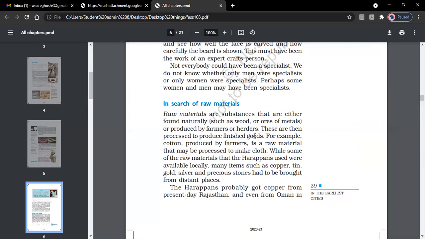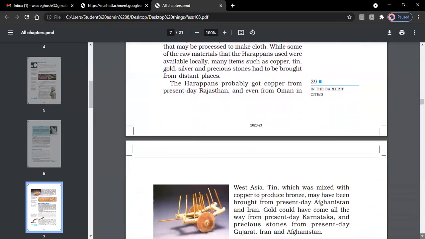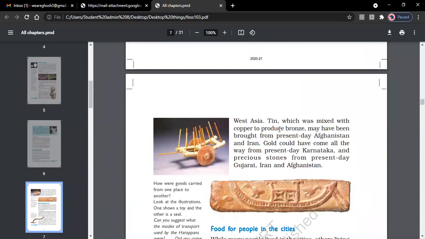These are then processed to produce finished goods. And you have to write examples. This is your answer. And from where the Harappan people got their raw material is the second paragraph: the Harappans probably got copper from present-day Rajasthan. This paragraph is your answer.